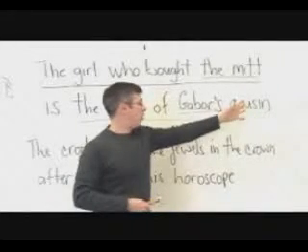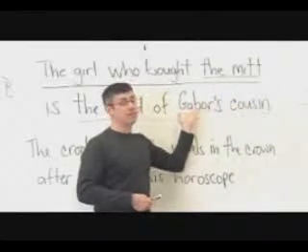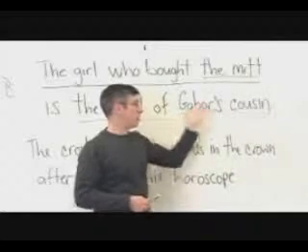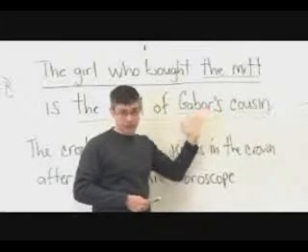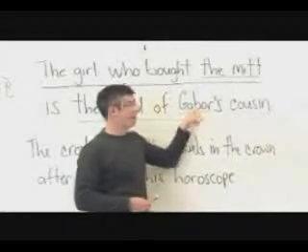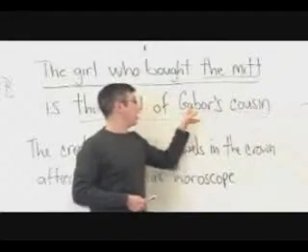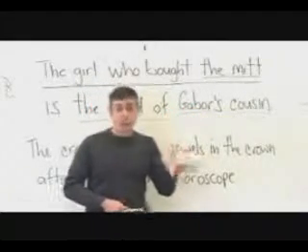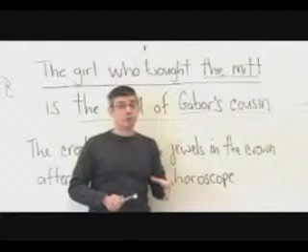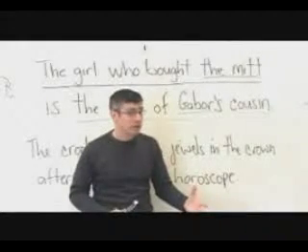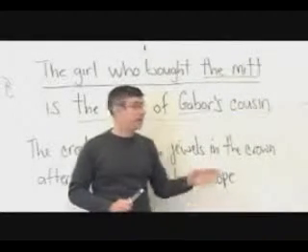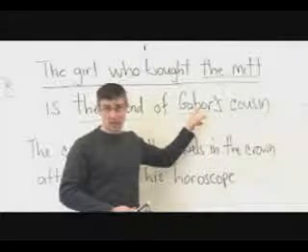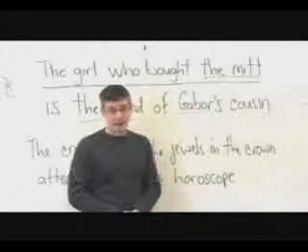Cousin is the noun, and Gabor's is an adjective. Which cousin? Gabor's cousin. That's which cousin. Don't be fooled into thinking this is a noun because the word Gabor is a noun. Gabor is a person. Gabor's is not a person. It is not a noun. It is an adjective. The possessive is an adjective.